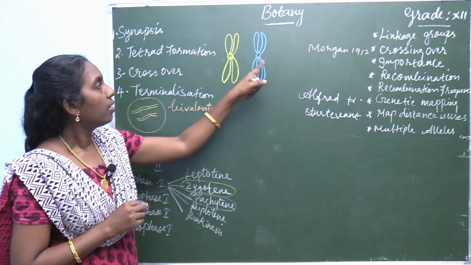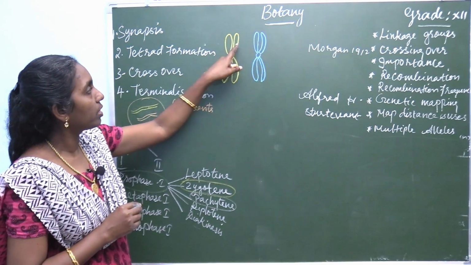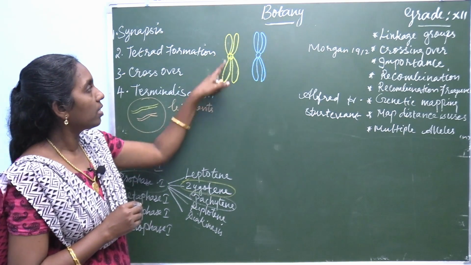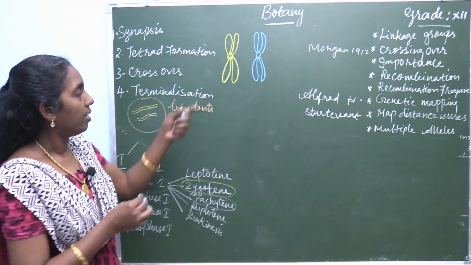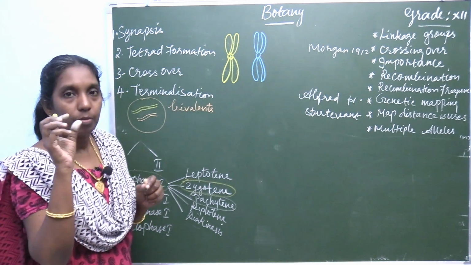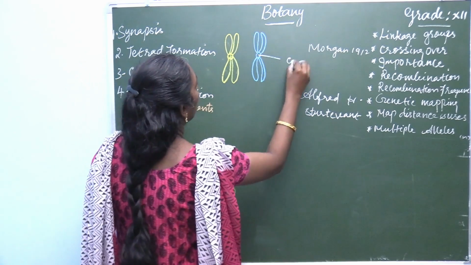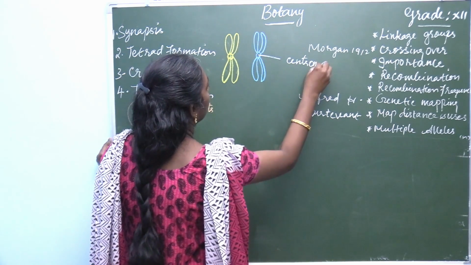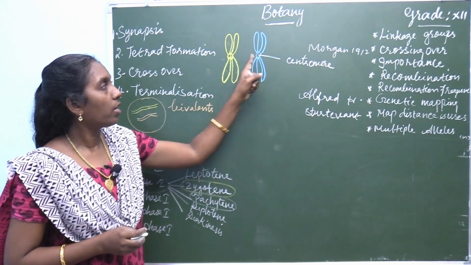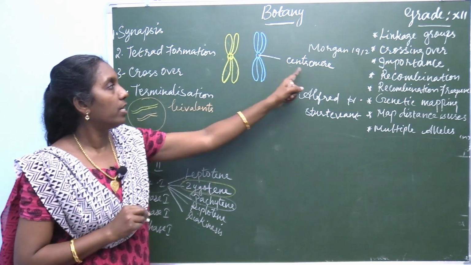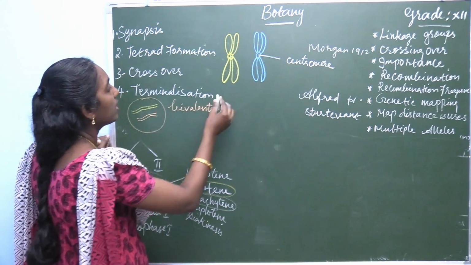Each homologous chromosome contains 4 chromatids. These are identical or similar structures of the chromosome. This is called a chromatid, and the chromatids are joined at a particular point called the centromere. Now this chromosome is known as a tetrad.